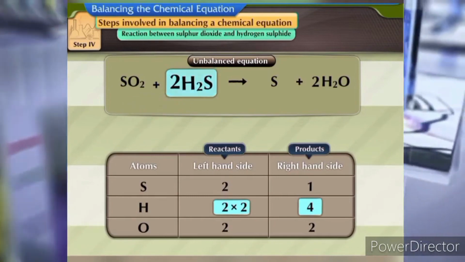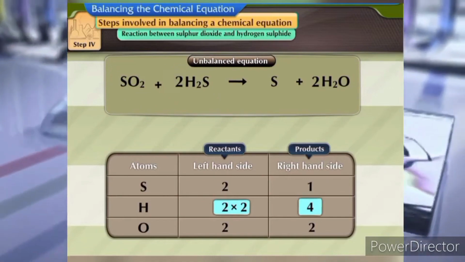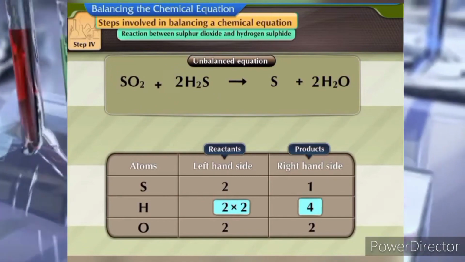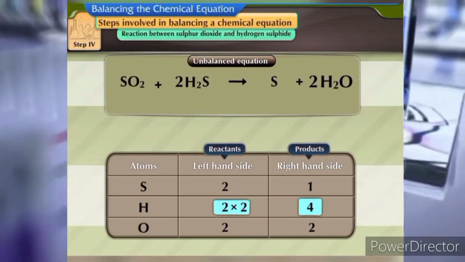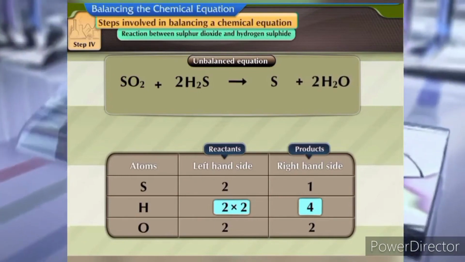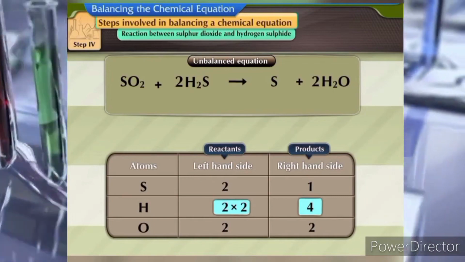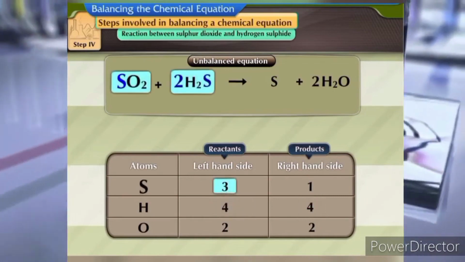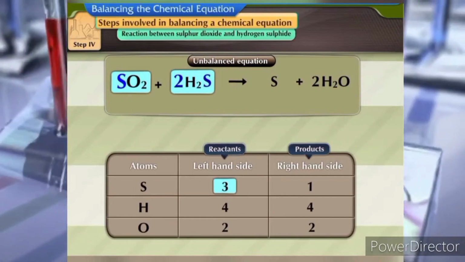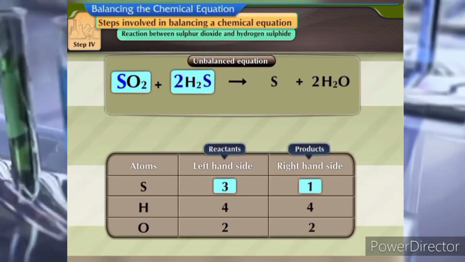Now, the equation can be represented as SO2 plus 2H2S gives S plus 2H2O. There are four hydrogen atoms on either side of the equation. There are three atoms of sulfur on the reactant side and one on the product side.